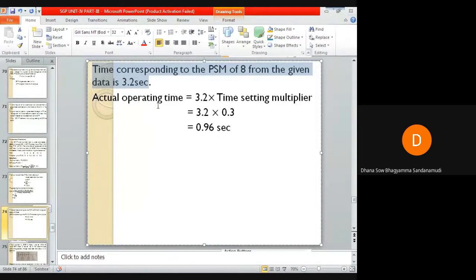So the actual operating time of this relay, which is protecting a feeder in which a fault current of 5000 amperes has occurred, the time of operation of that relay is 0.96 seconds. If you complete, inform me.